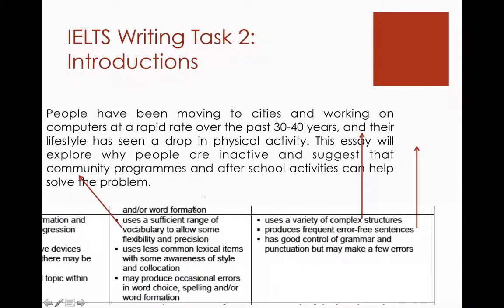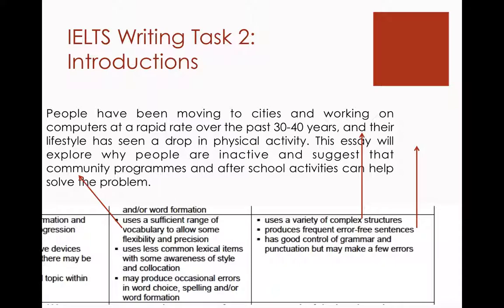So now the vocabulary: a sufficient range of vocabulary to allow some flexibility and precision. Precision means you can say exactly what you mean, and flexible means you can talk in different ways about it. So in the introduction, we want some good vocabulary, but it's not our main focus.